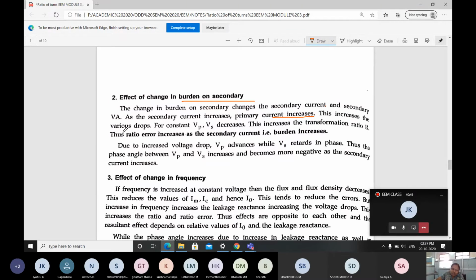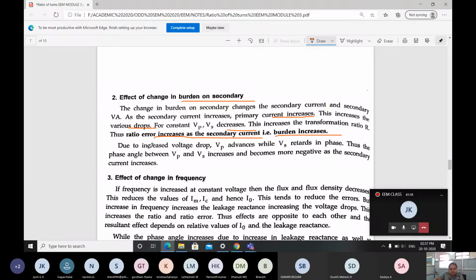This increases the various drops. For constant Vp, Vs decreases. This increases the transformation ratio R. Thus, the ratio error increases as the secondary current, that is the burden, increases.